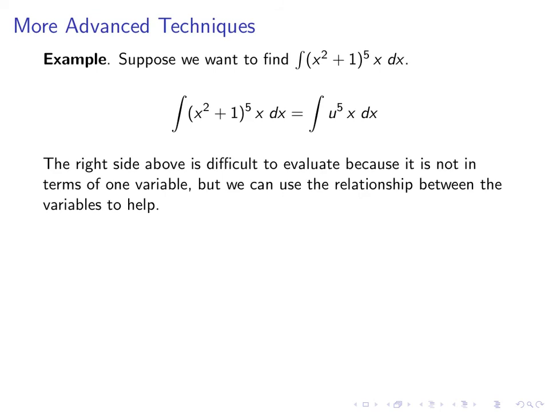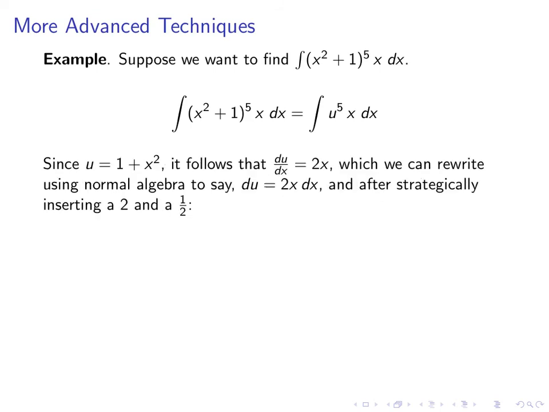So what I do instead is take the 2x dx and then ask myself, what do I want? I have 2x dx, I would like x dx. And so if I know what 2x dx is, then I can figure out what x dx is, because that's just a matter of multiplying by a half.